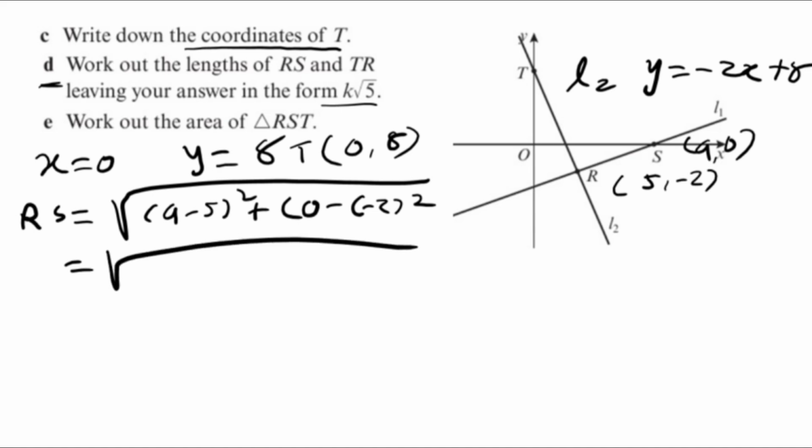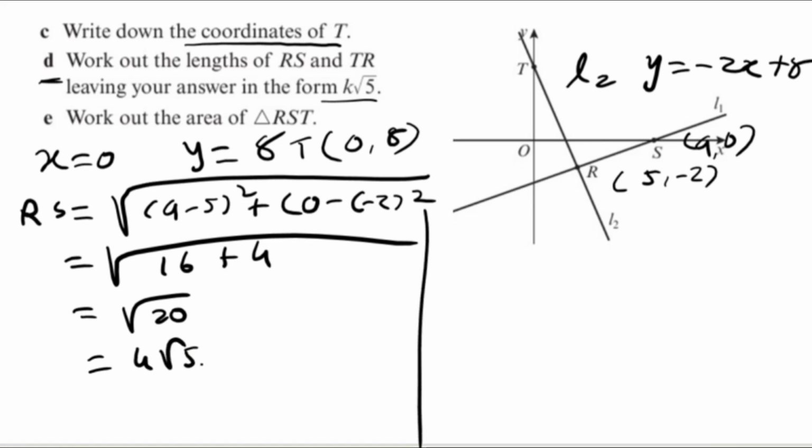So that will give us 4 squared, which is 16, plus 2 squared, which is 4, and root 20, and we have to write in the form k root 5. So I can write 4 root 5 in surds. So this is our RS.